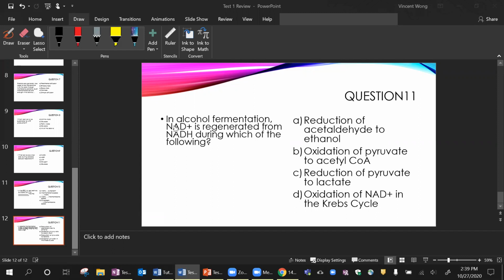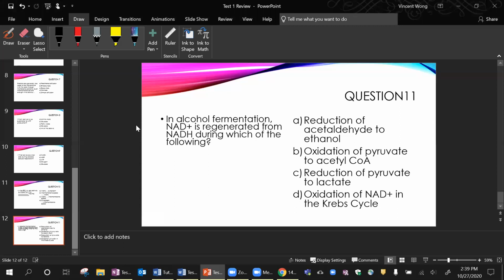So here, NAD+ is regenerated from NADH. Going from NAD+ to NADH, you are picking up electrons, which means the other way around, NADH to NAD+, you will be losing electrons. So if NADH becoming NAD+ involves losing electrons, then this is going to be oxidation.